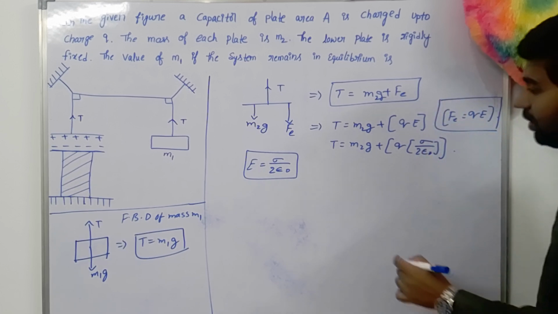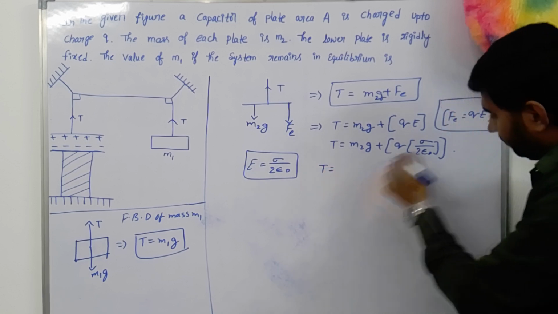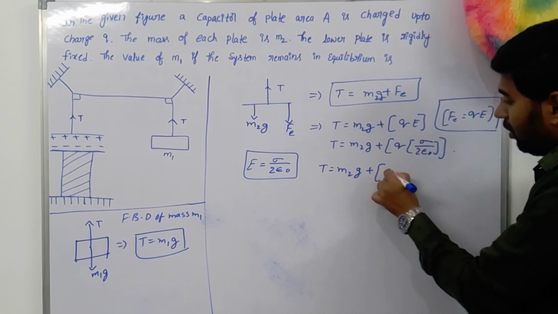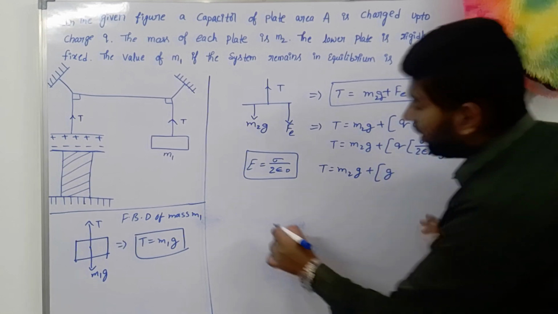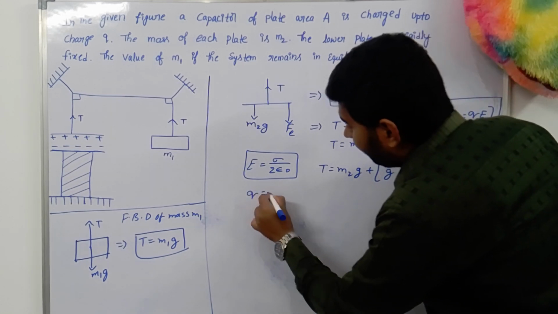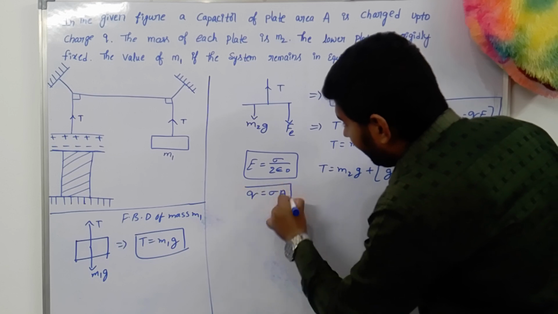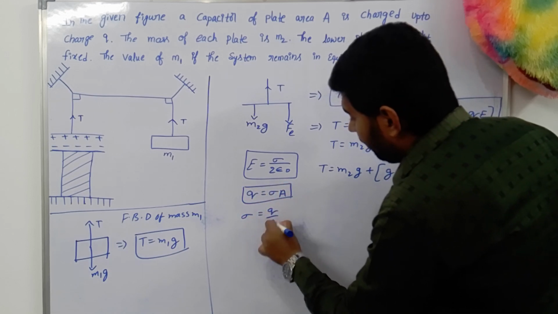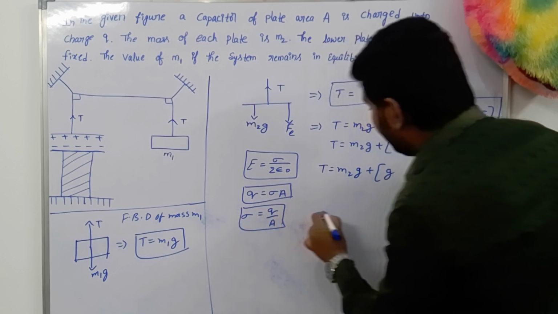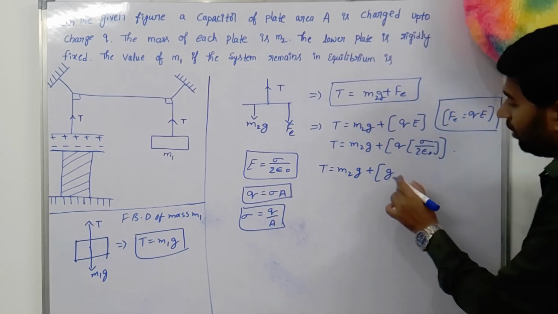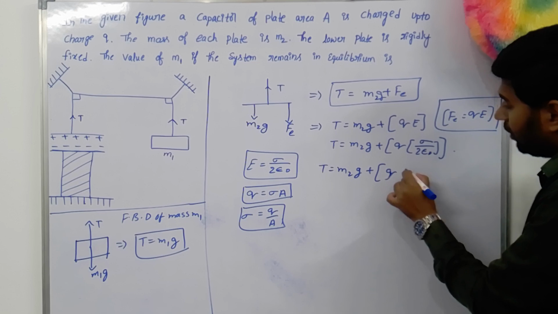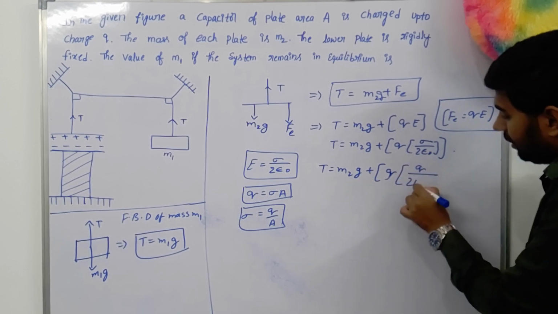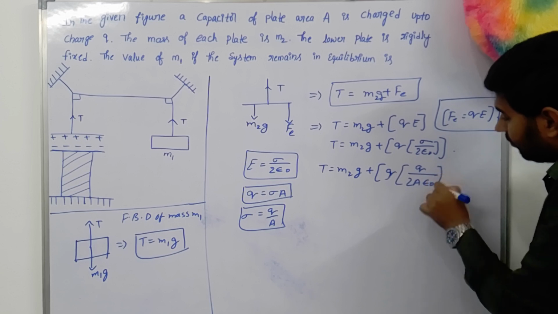And how can I write this one? T is equal to M2g plus Q into sigma by 2 epsilon naught. What is the sigma? We already know that Q is equal to sigma A, where sigma is the surface charge density. From this, sigma is equal to Q by A. Substitute the value here. Therefore, T is equal to M2g plus Q into Q by 2A epsilon naught.